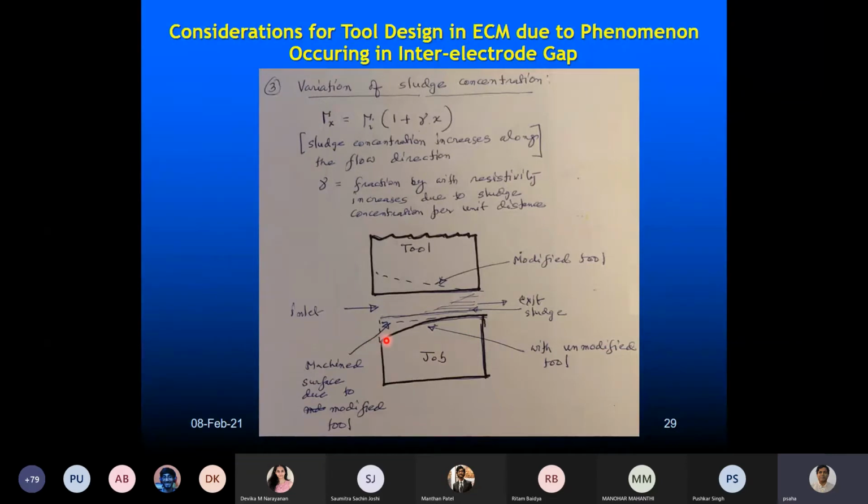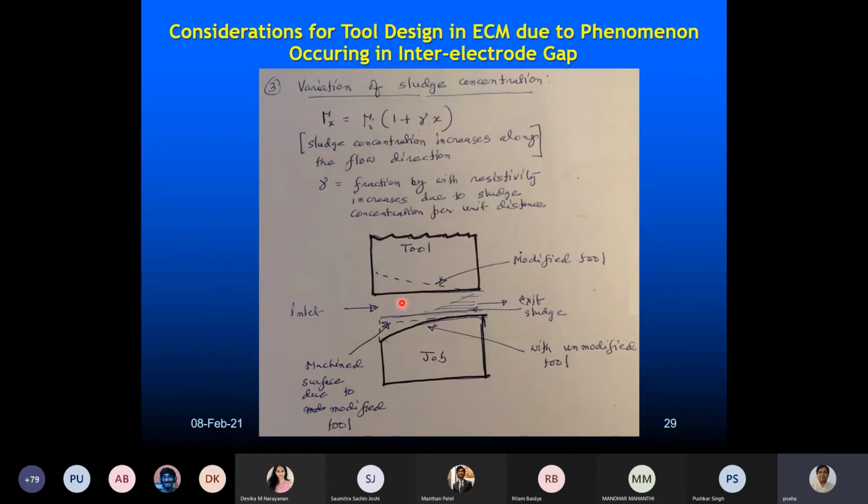Yes. So if we want to make the job flat in anticipation that such things will happen, we modify the tool like this dotted line. Now you machine with this modified tool. So what is going to happen? Now because of the increasing distance, proportionally we make sure the job also sees a larger distance. So machining will be lesser here, whereas this side the distance is closer, machining will be almost at par with that.